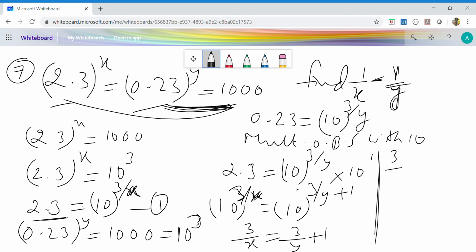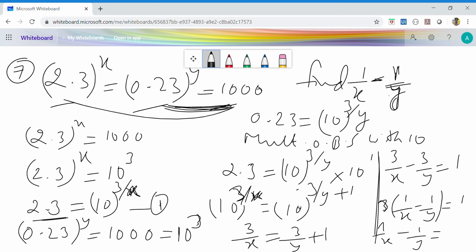So 3 by x minus 3 by y is equal to 1. 3 common, so 1 by x minus 1 by y is equal to, transposing 3 to that side, 1 by 3. So what is its answer? 1 by 3. If suppose here 10,000 is given, 1 by 4.